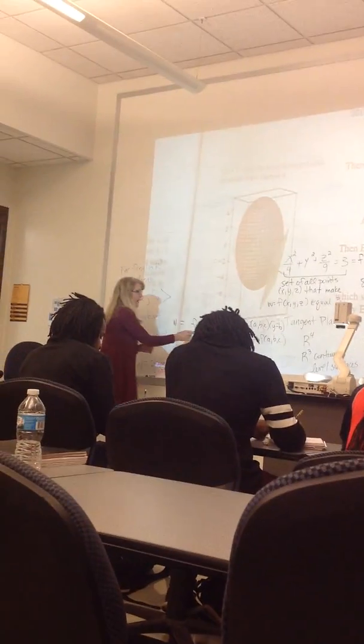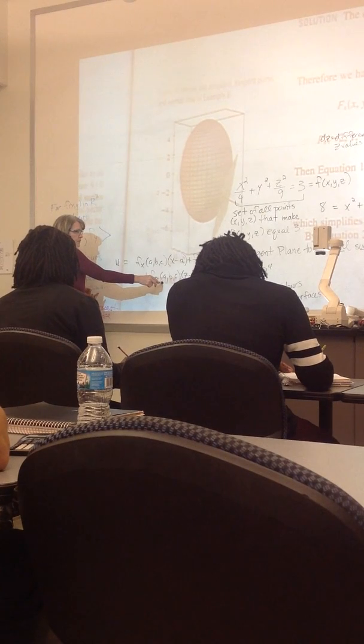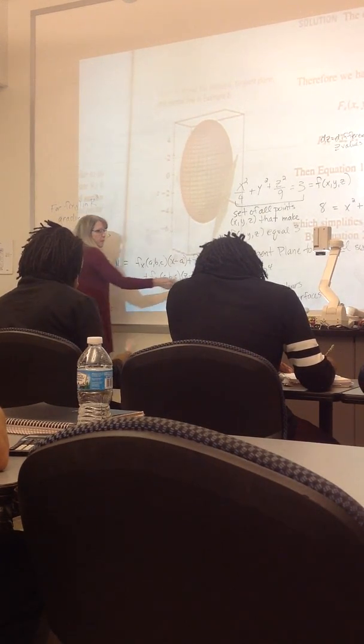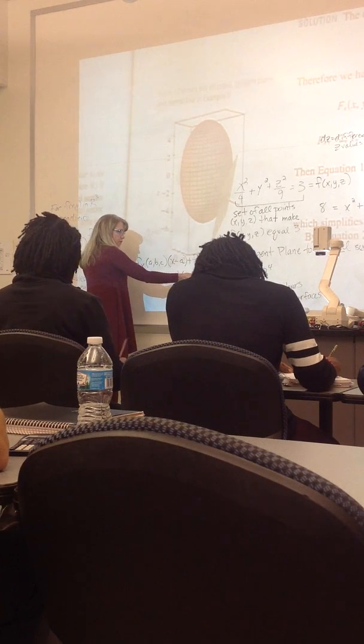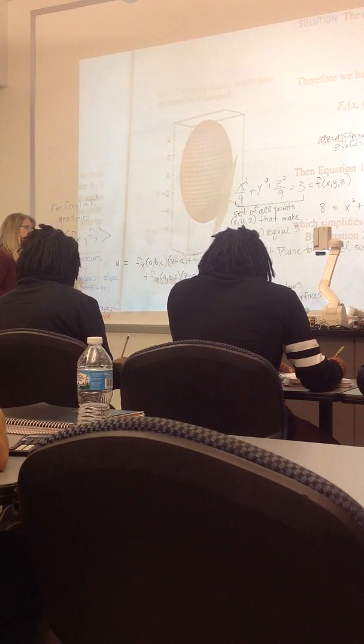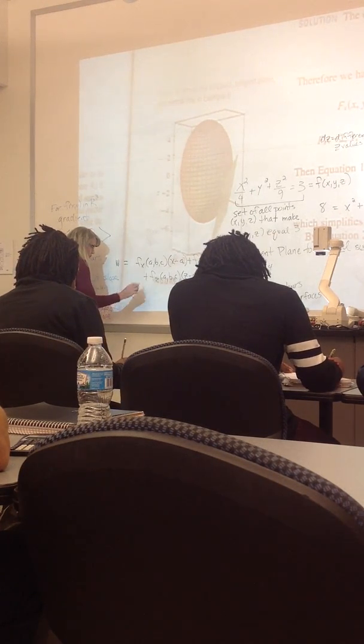Okay, so again, your gradient is serving as part of the normal vector, but you now have a 4th variable, and so -1 is the normal component for that 4th dimension.